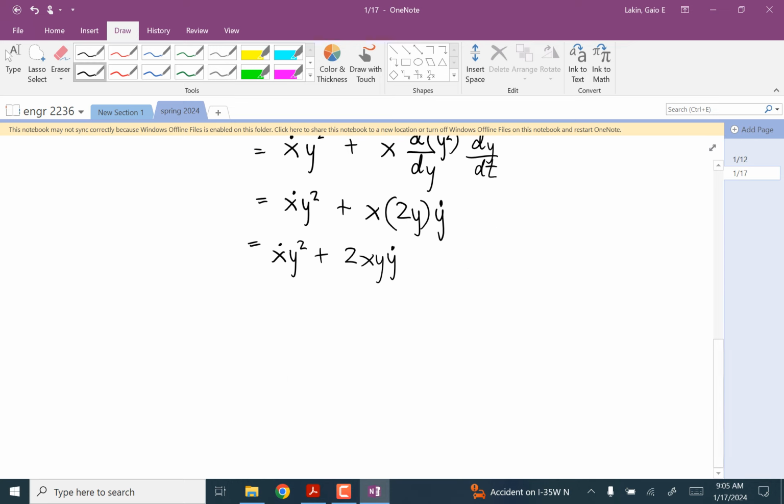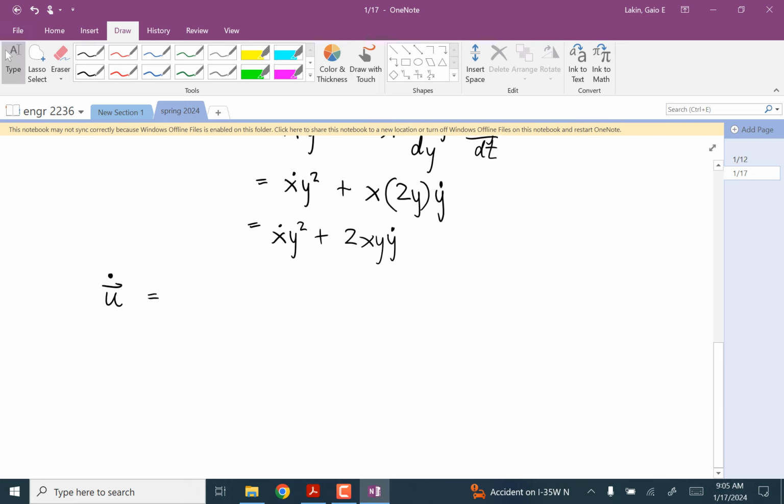Now we can just put the whole thing together into a vector form. So u dot is equal to x dot y plus x y dot, and the second component is x dot y squared plus 2xy y dot. Any questions about that?